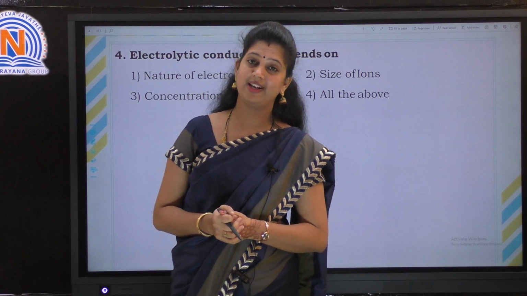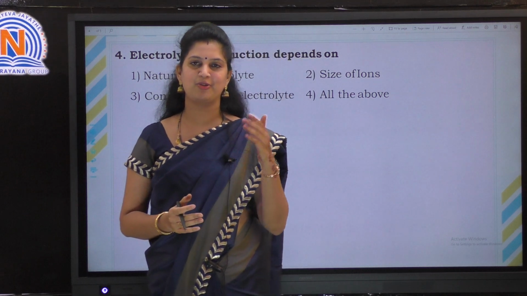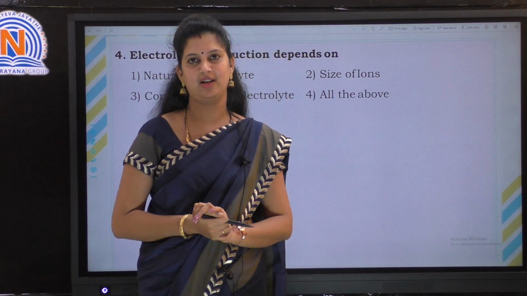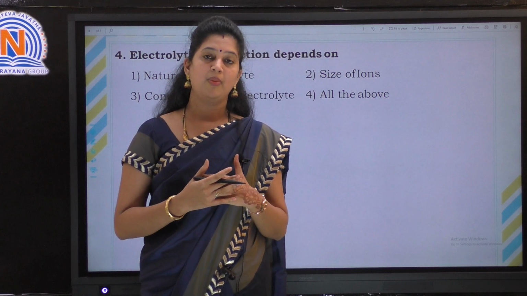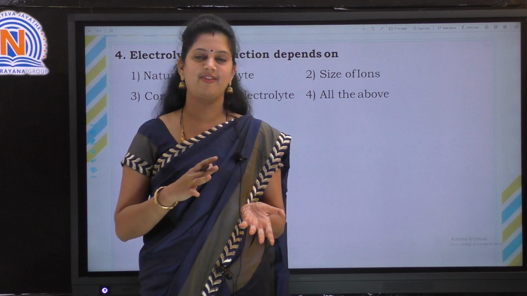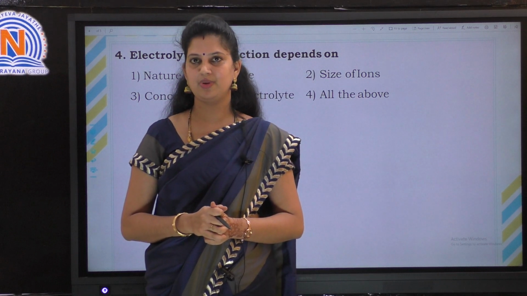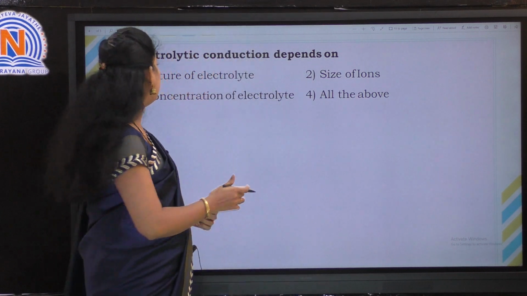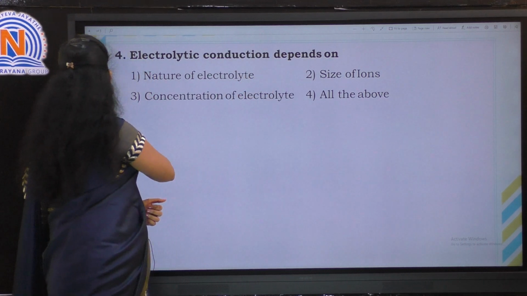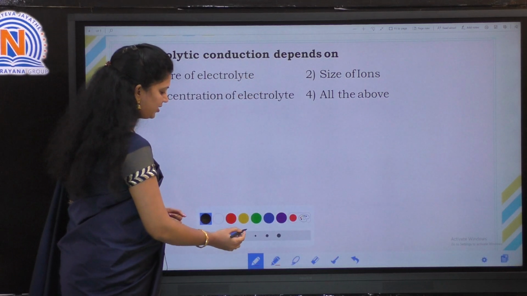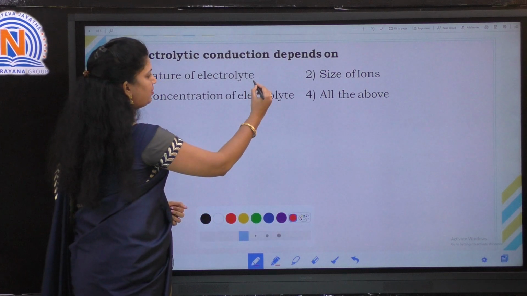Definitely. As you know very well, there are two types of electrolyte, strong electrolyte and weak electrolyte. The stronger it is, the more will be the ionization and definitely the more will be the conductivity of electricity. So I have to accept this option. Nature of electrolyte is a right option.